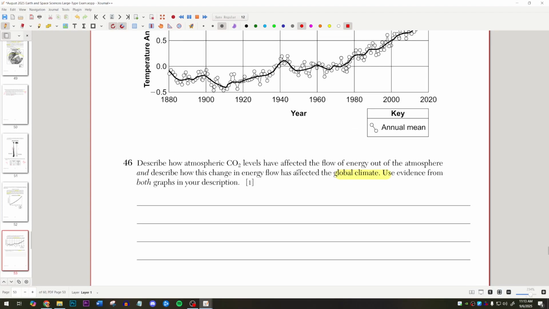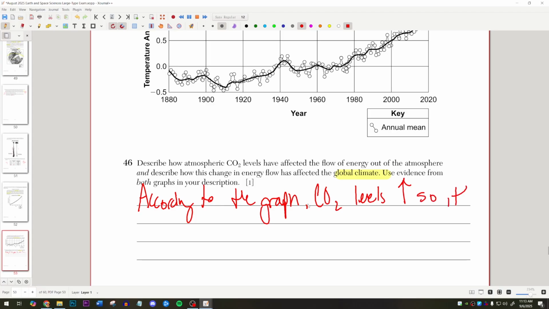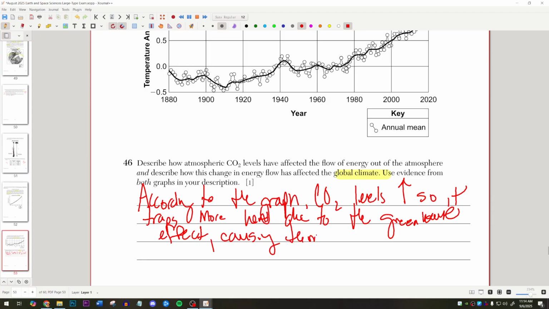So, we're going to say, according to the graph, CO2 levels increased, so it traps more heat due to the greenhouse effect, causing temperatures to increase.